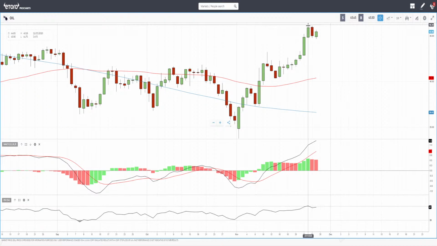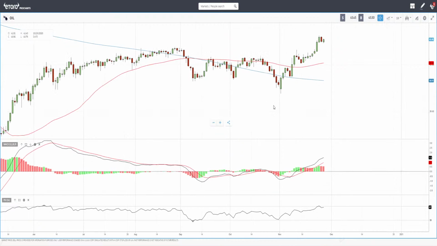It is a terrible idea to buy it here. You should expect a pullback. You can sell that pullback or wait until you pull back as far as the 50 moving average in order to buy in. So play the casino, don't play the gambler. That's how you should use the technical indicators.